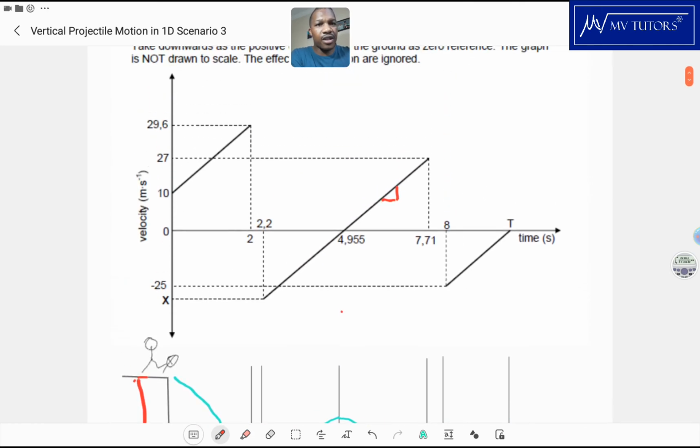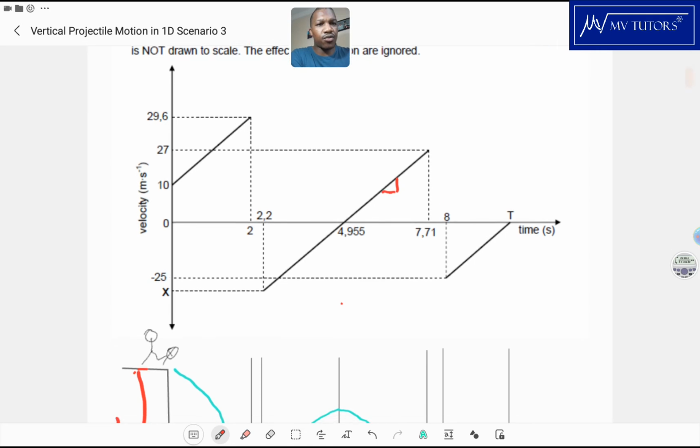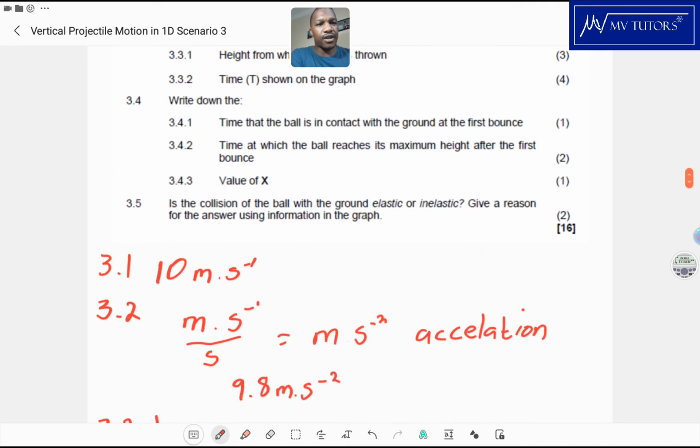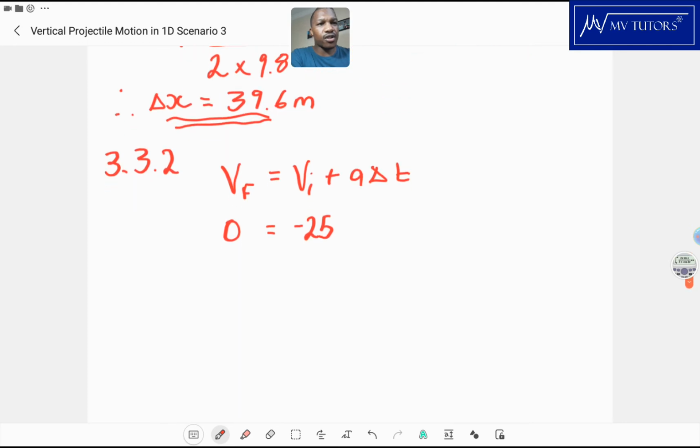Because it's already been given as minus 25, and from there to there, the ball is going upwards, which is a negative direction. Remember, we were given downwards as a positive direction. So downwards is positive, so our acceleration is positive. And then the change in time is what we are looking for.